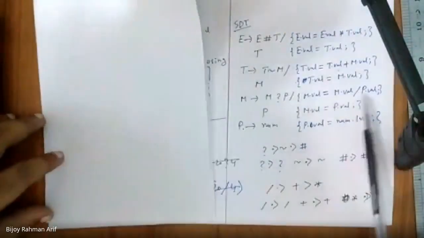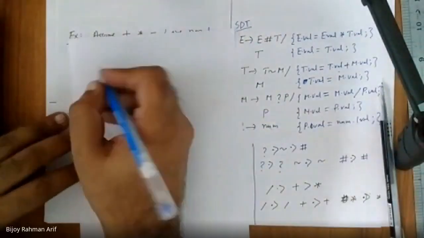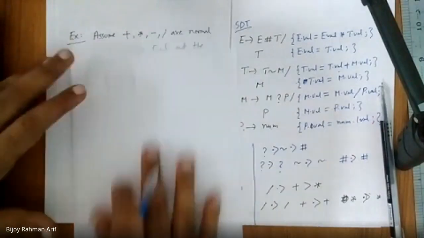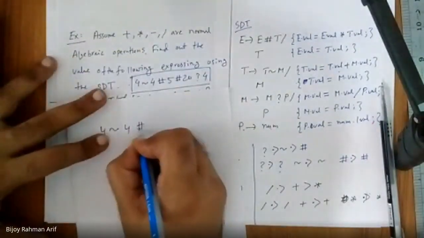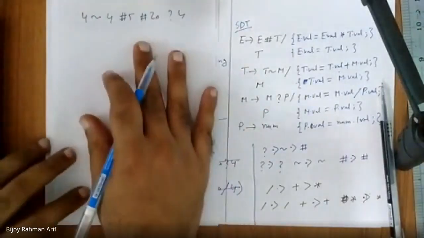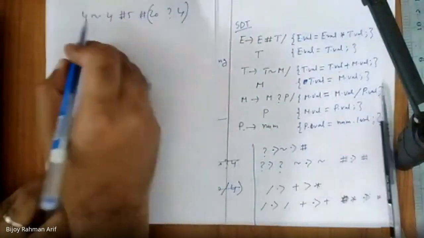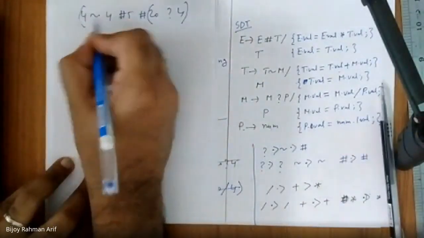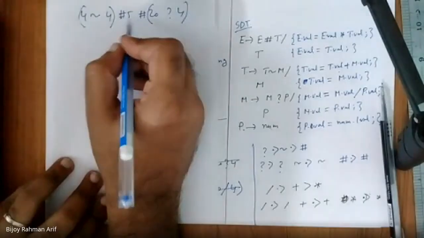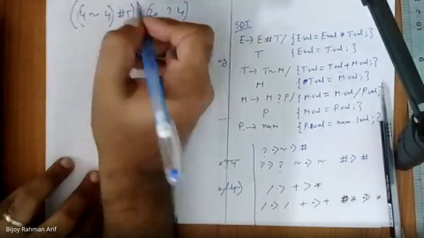So we know this table, the conversion table, and what is the string? 4 plus 4 hash 5 hash 20 question mark 4. So I know that question mark has highest precedence. So this one I have to do first. Then I have to do plus, this one. Then I have to do hash, but hash is left associative, so I have to do this one first. Finally, I have to do this one.